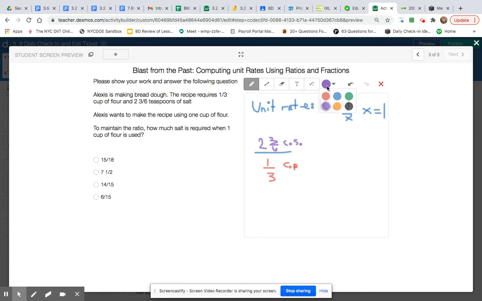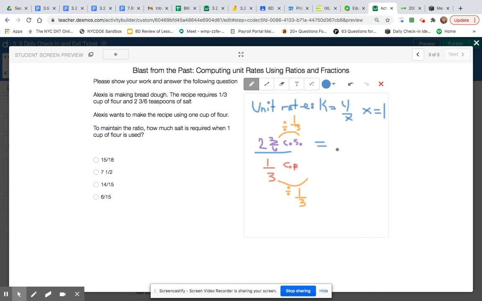So in order to figure out how much salt is needed when we have 1 cup, I have to take my 1/3 and divide it by 1/3, because any number divided by itself is 1. But whatever I do to the denominator, I also have to do to the numerator, right? So when I do that, divided by 1/3, I'm going to have the following.